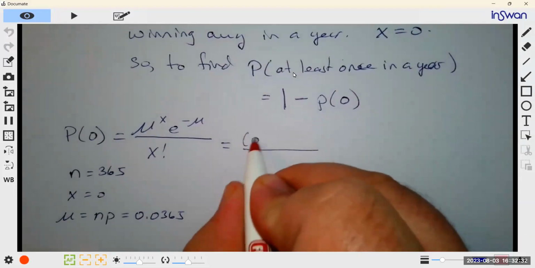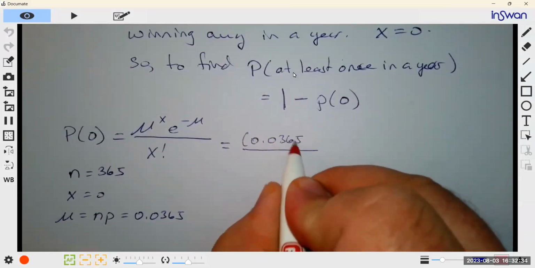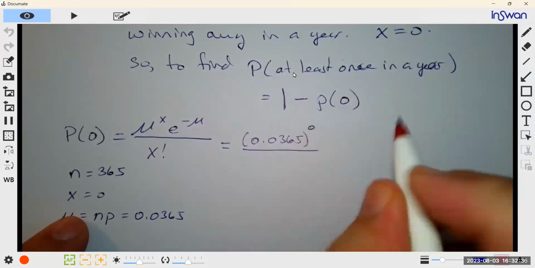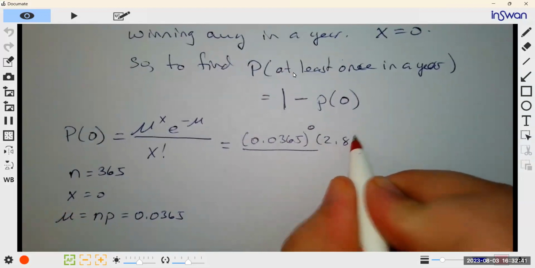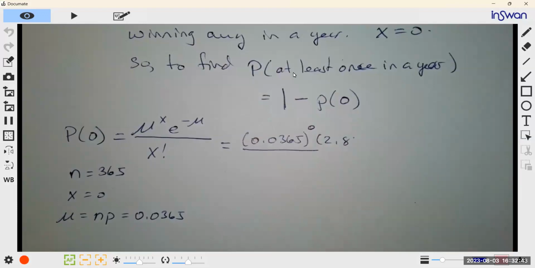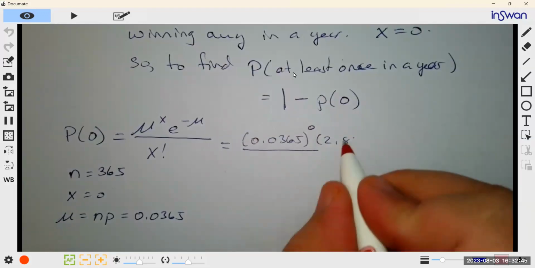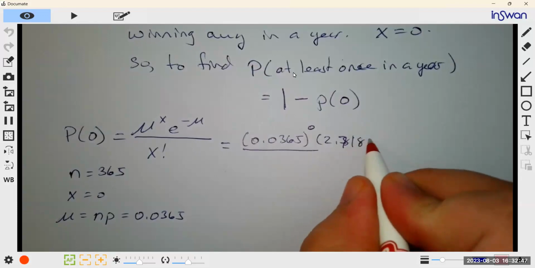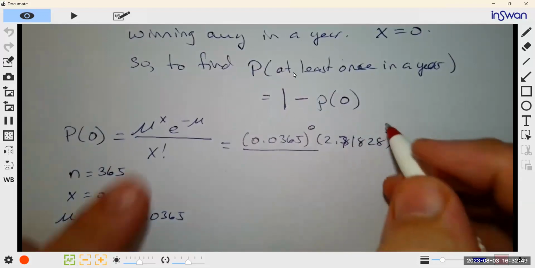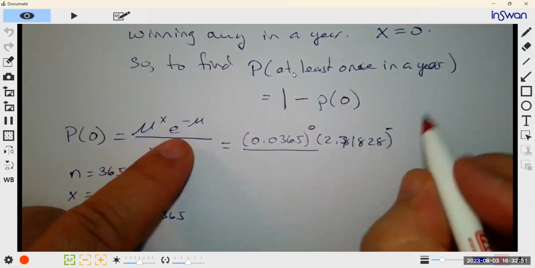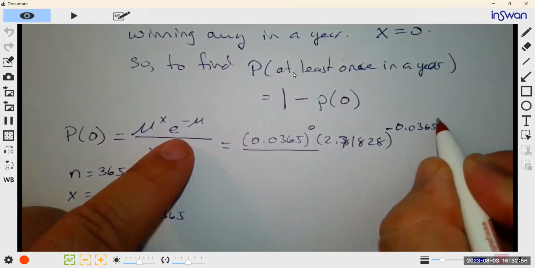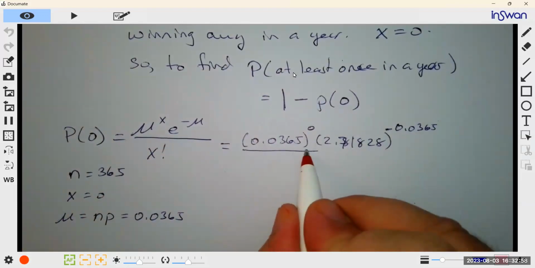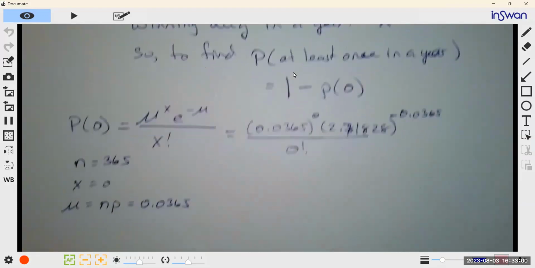So this is 0.0365 to the power 0, times 2.71828 to the power negative 0.0365, all over 0 factorial.